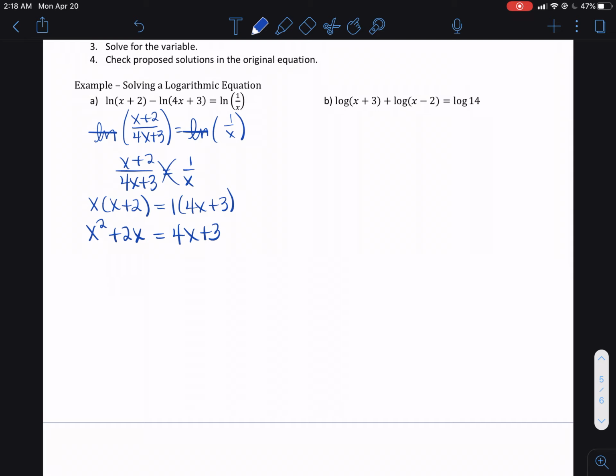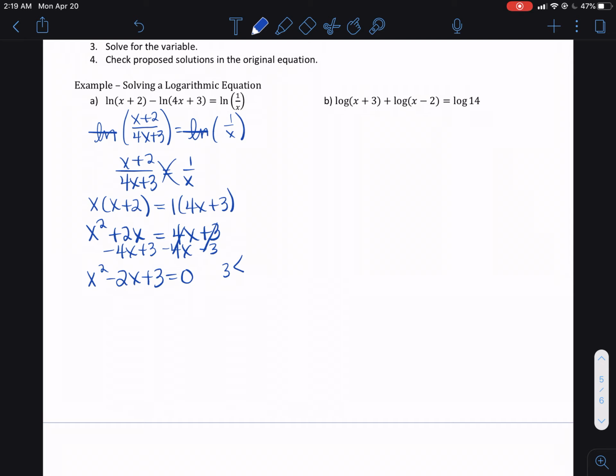Since we have a quadratic, we want to set everything equal to 0. So we get x squared minus 2x minus 3 equals 0. So we're looking for our factors of negative 3 that add to be negative 2.